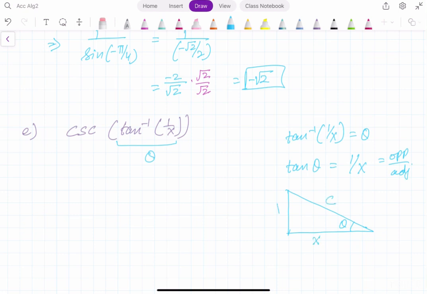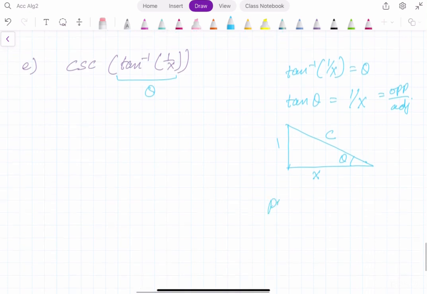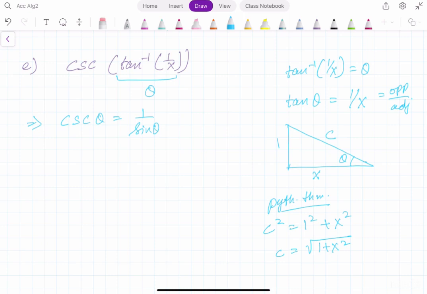Use the Pythagorean theorem, and you will get radical of 1 plus x squared as the hypotenuse. C is radical of 1 plus x squared. So cosecant theta. Now, you know cosecant theta can be written as 1 over sine theta.